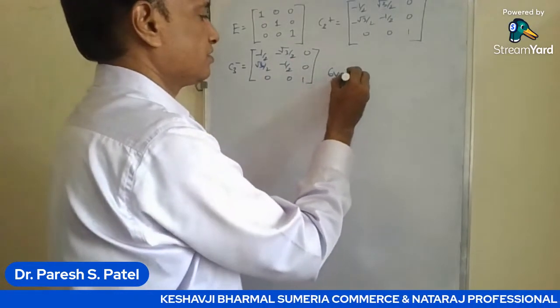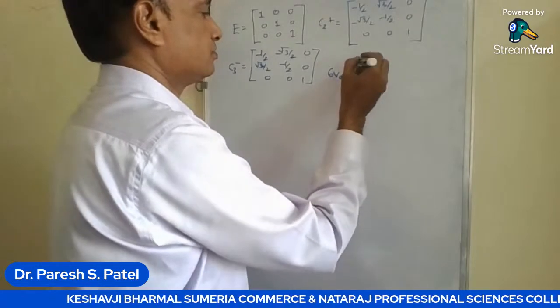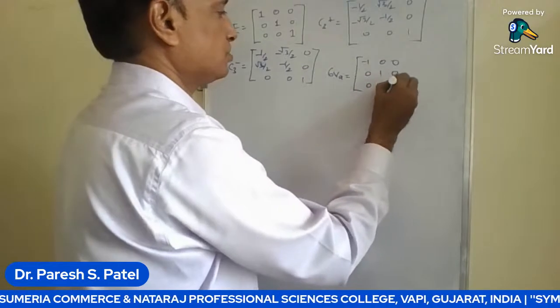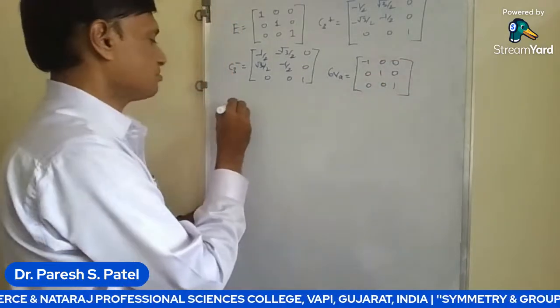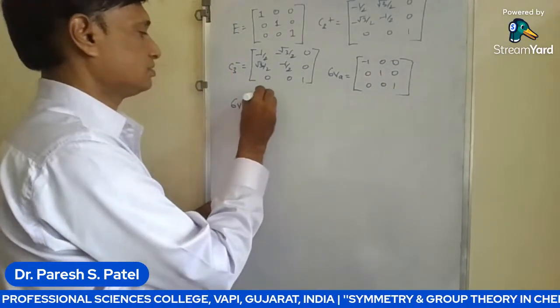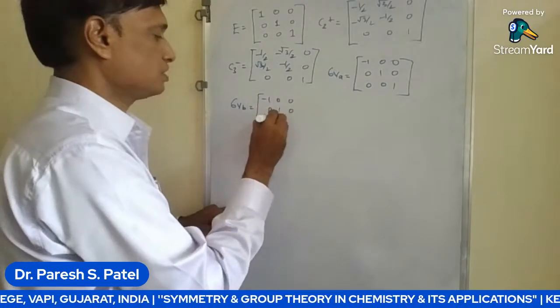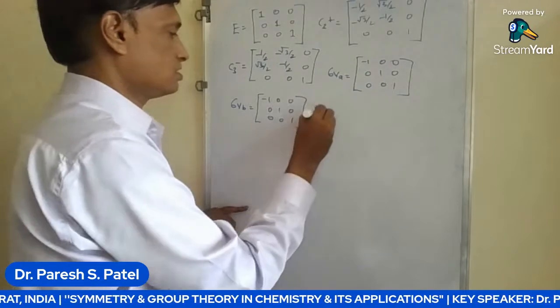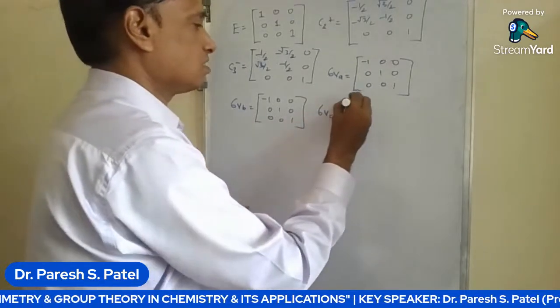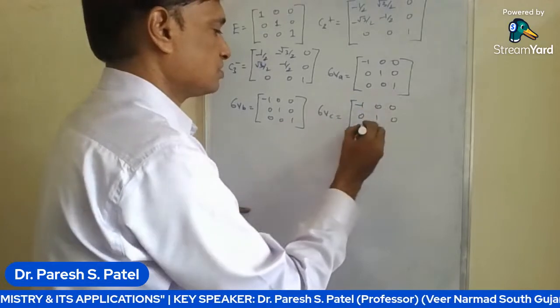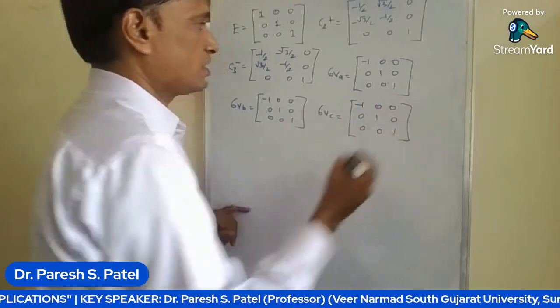And sigma Va is -1 0 0, 0 1 0, 0 0 1. Similarly, sigma Vb, and sigma Vc is equal to -1 0 0, 0 1 0, 0 0 1.